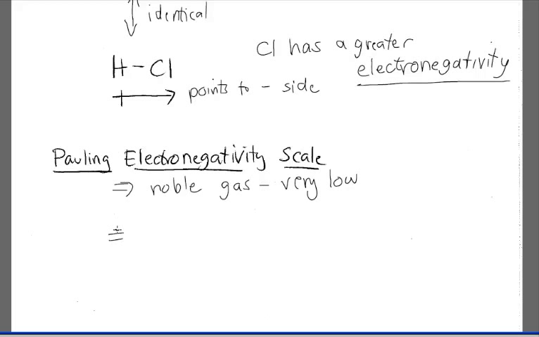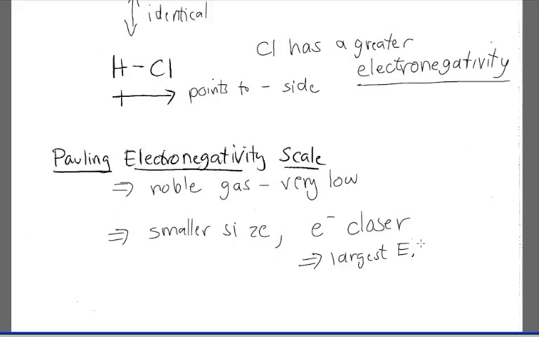You can also note that smaller atoms have electrons closer, and so they have the largest electronegativity. We'll call electronegativity En.